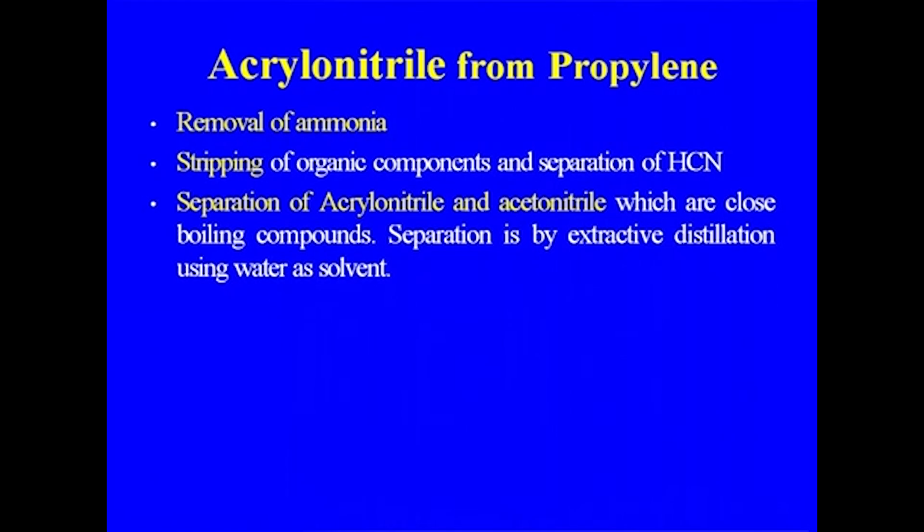Separation of the acrylonitrile and acetonitrile, because they have close boiling points, is done by an extractive distillation column using water as a solvent, because otherwise it will not be possible to separate the acrylonitrile and the acetonitrile.